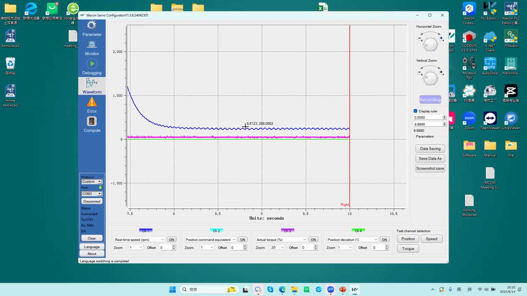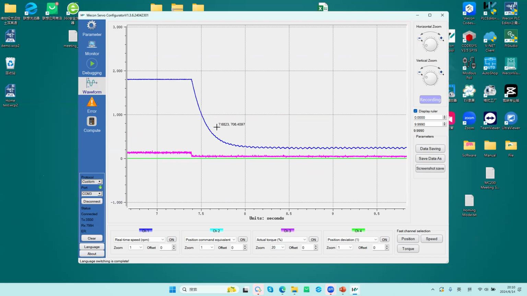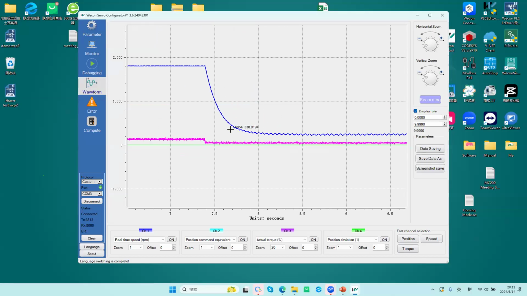Why will this happen? Because as the speed goes up, the torque we need is bigger. I mean the friction will be a little bigger. So that's why this happens.